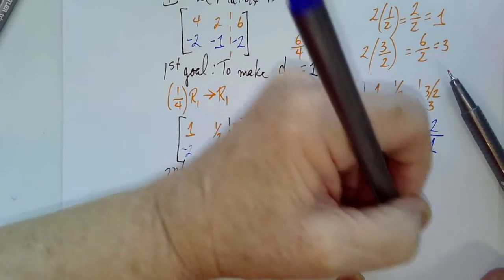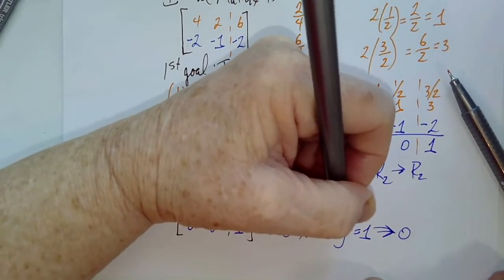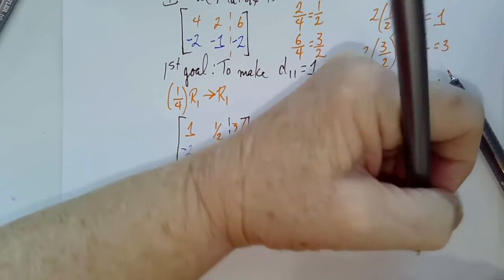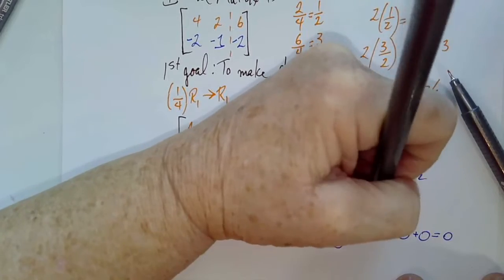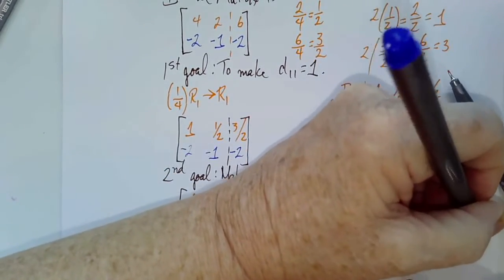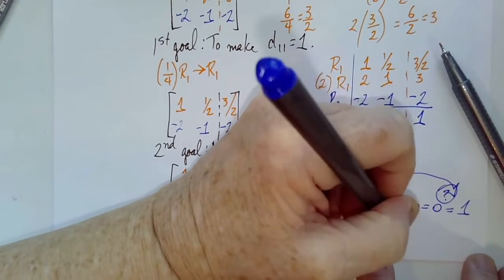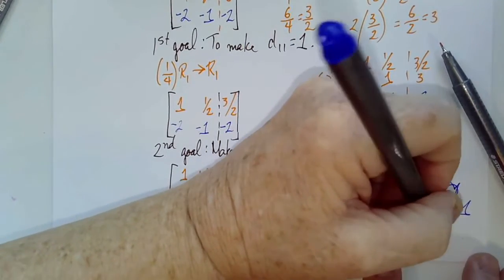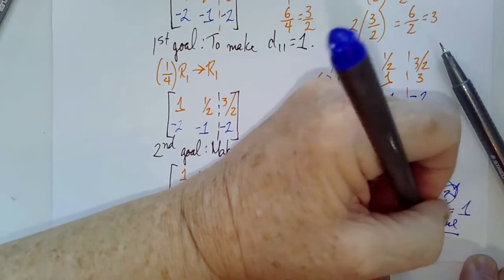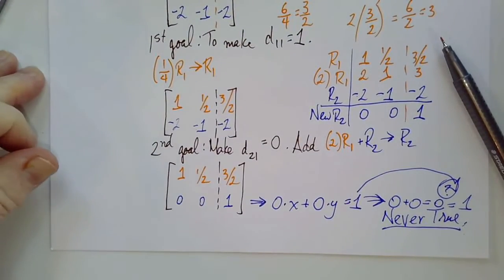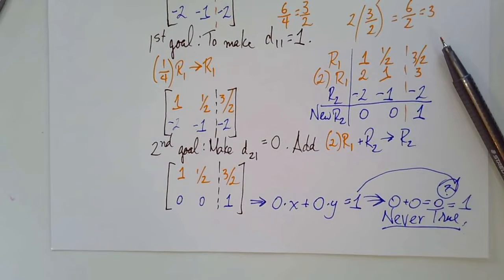So this is going to be 0. And then 0 times anything again is 0. 0 plus 0 is 0. But that is supposed to be equal to 1. Since this is never true, then these two lines must be parallel. So let's take a look at that.